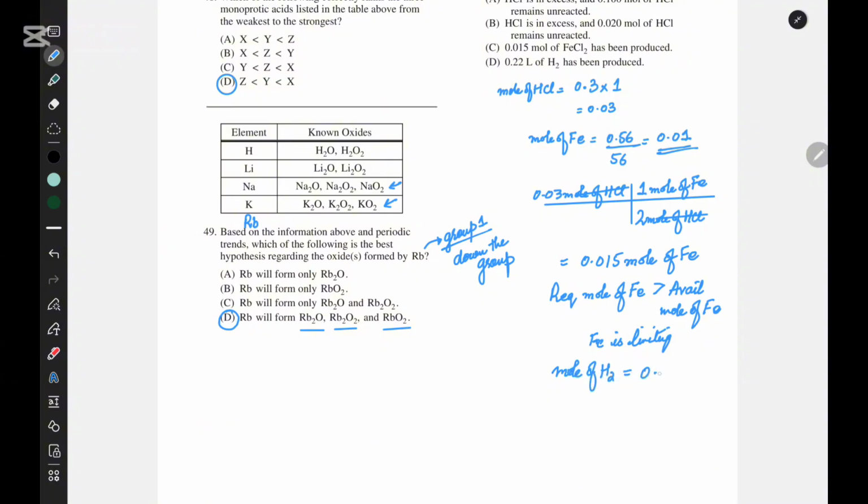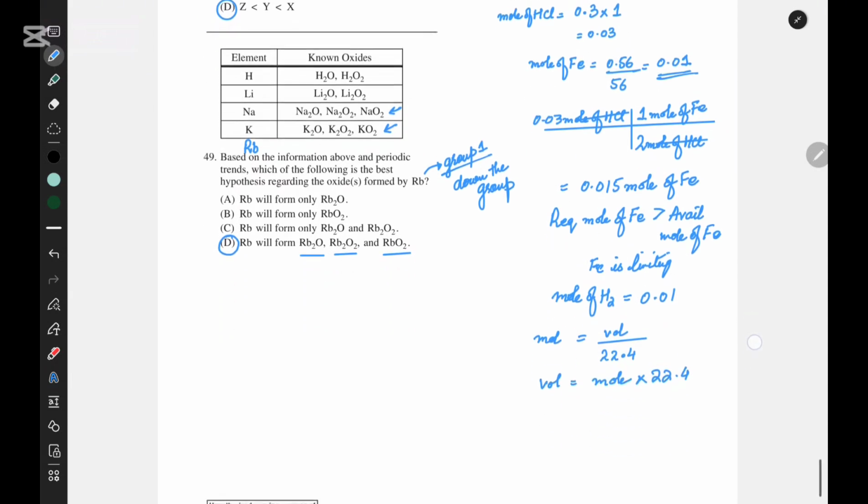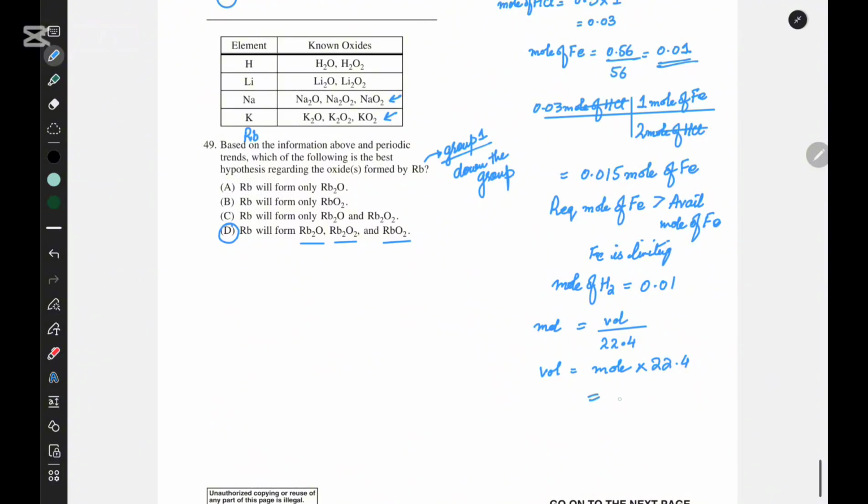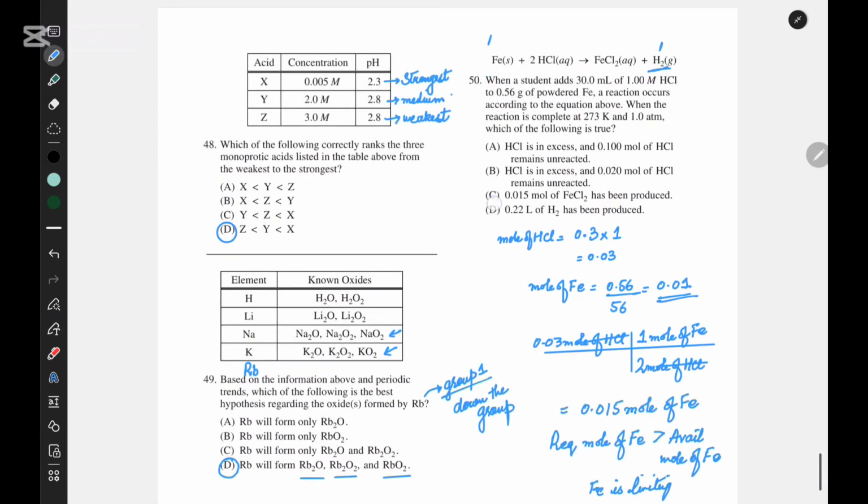So that is also going to be 0.01. The formula is moles of gas equals volume of gas divided by molar gas volume, which is 22.4. Volume is equal to moles times 22.4, and that is basically 0.22 liter. So our right answer is going to be D.